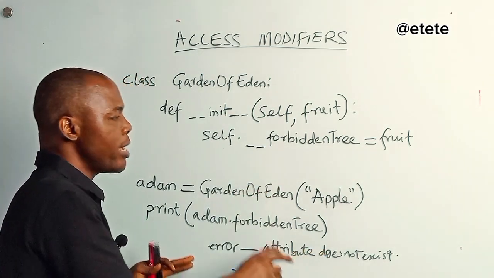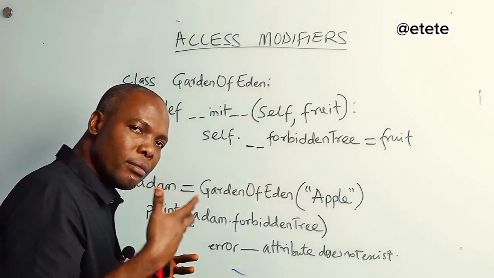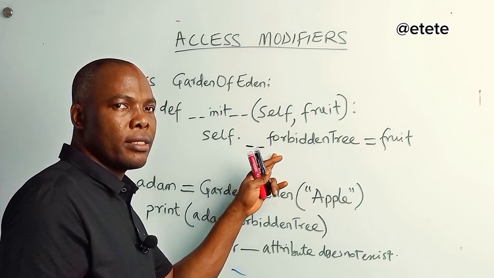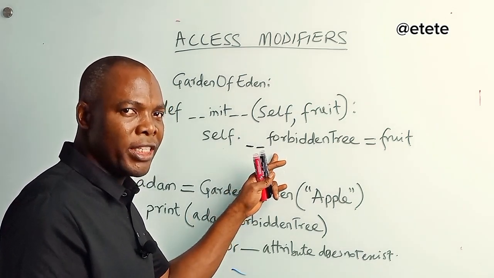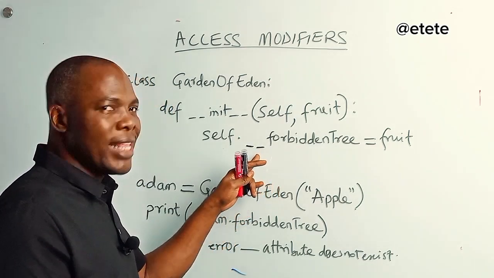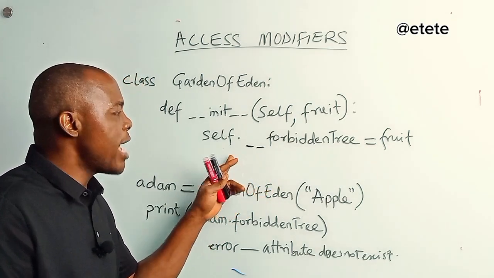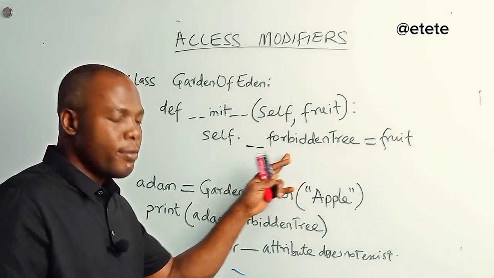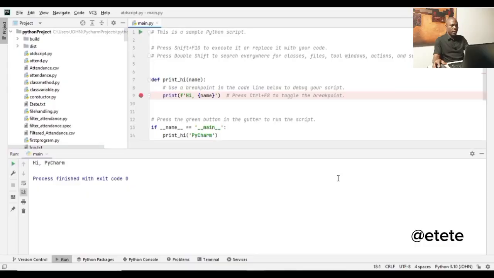But you can actually do that, but it's not advisable, right? And in the next class, I'm going to show you how you can actually access this from outside of this class. Okay, so this is our PyCharm.